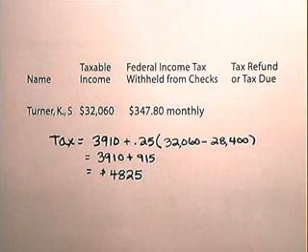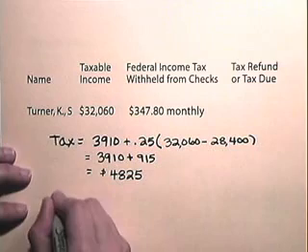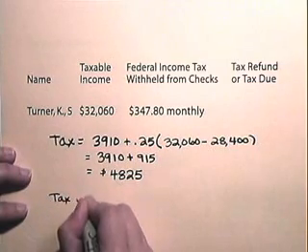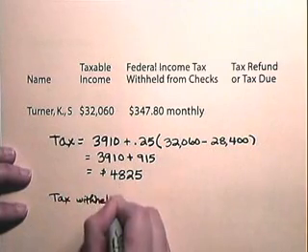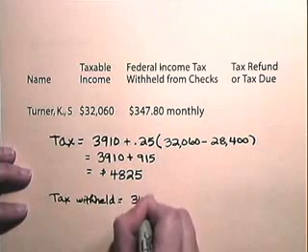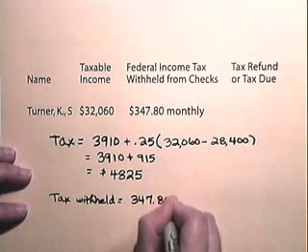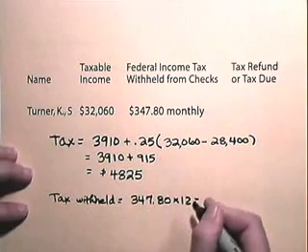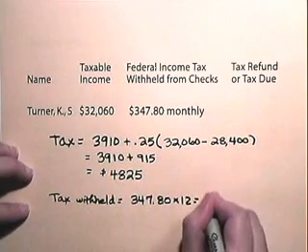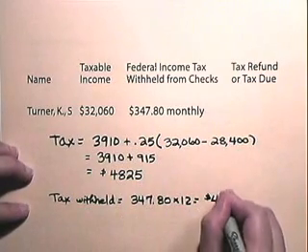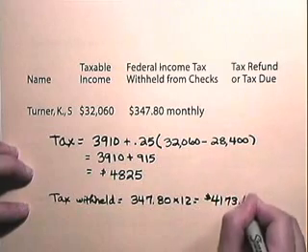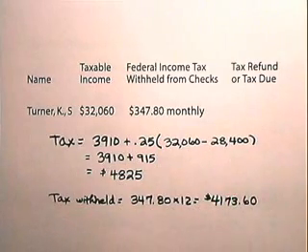However, he has had withheld from his checks $347.80 monthly. So the tax withheld is $347.80 monthly, which he has already paid, $4,173.60 from his checks.